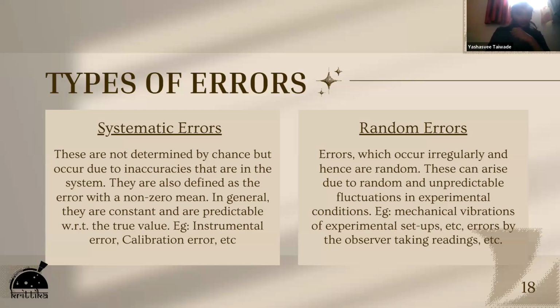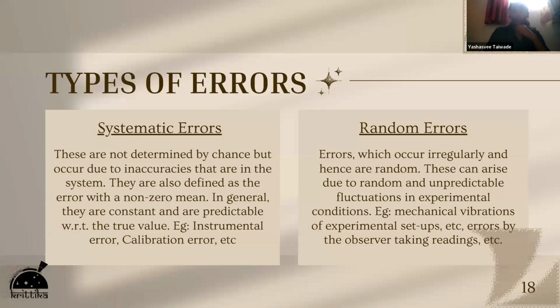So as we take the mean of all the observations, this error is not going to reduce down to zero. It will always be a non-zero mean, because there is always some sort of error in the system. It is pretty much present in all the systems. So this is the sort of error which is pretty much always non-zero, and in general, it is constant and predictable.